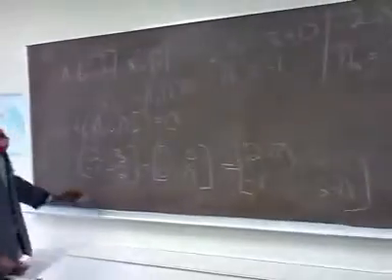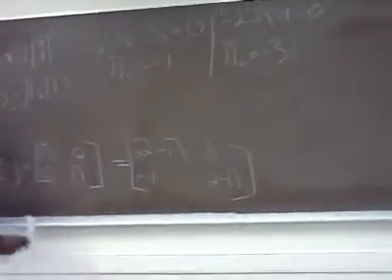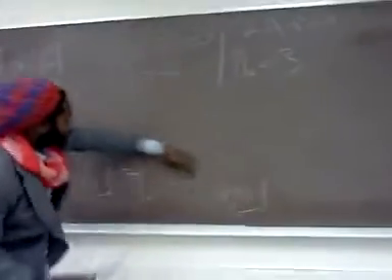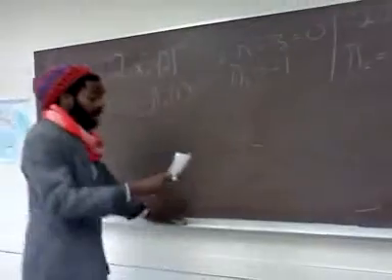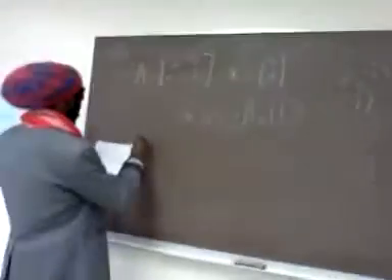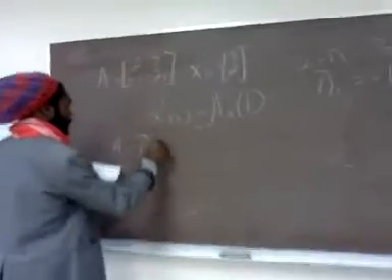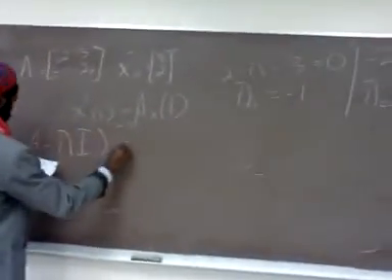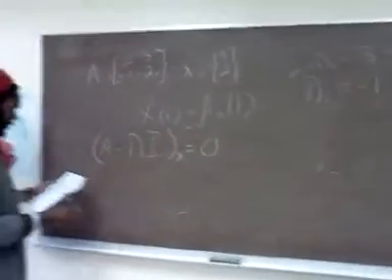So now that we have our eigenvalues, we need to figure out what our eigenvectors are. Finding our eigenvectors is similar to finding our eigenvalues. The only thing is we have a different formula. The formula for this one will be A minus lambda I times x equals 0.